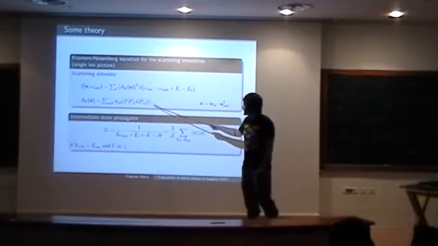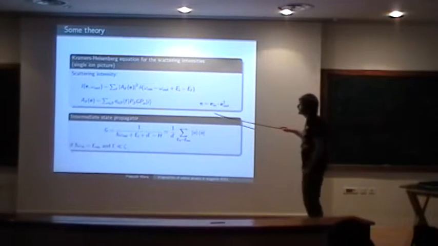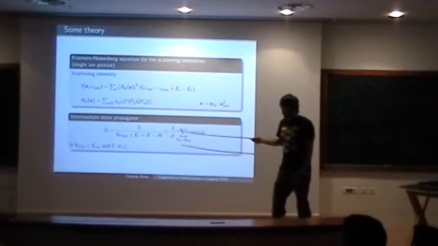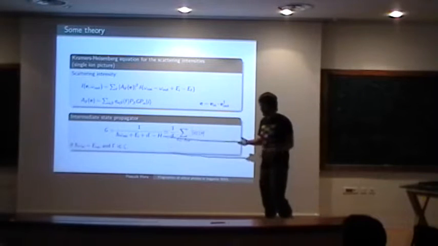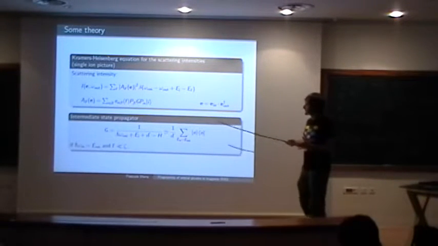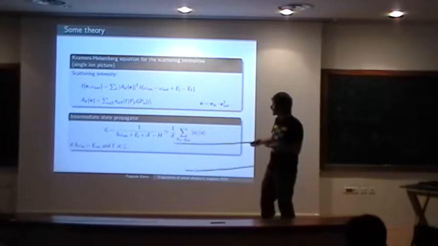Here we have the initial and final states, epsilon is the polarization tensor, and P is the momentum operator that is involved in the selection rules of the possible transitions.